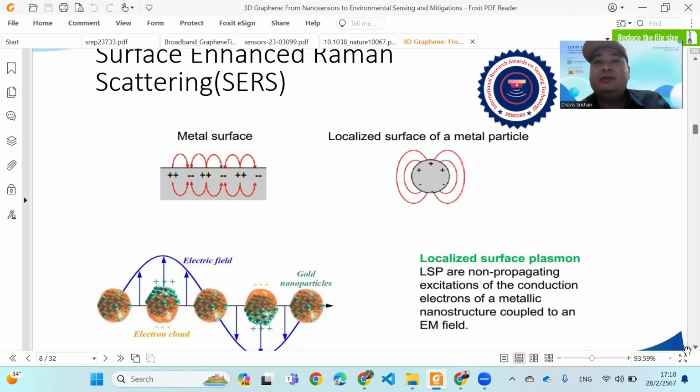If you shine light, especially of visible wavelength, the dielectric constant of this material will be negative, and you will see later that it amplifies these electromagnetic fields and therefore increases the amplitude of the Raman spectroscopy.